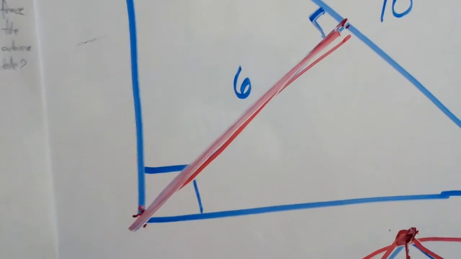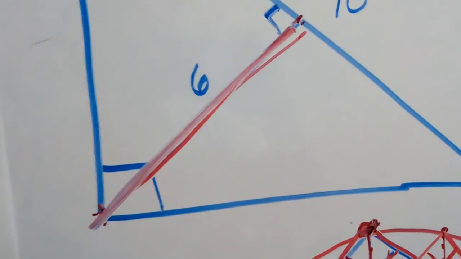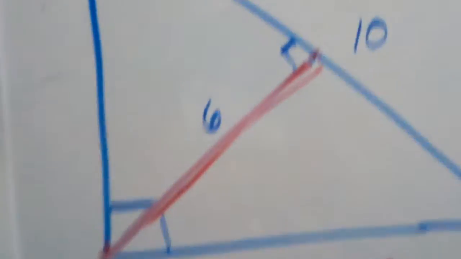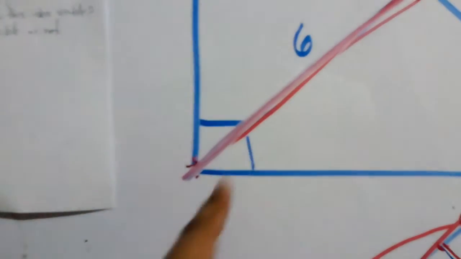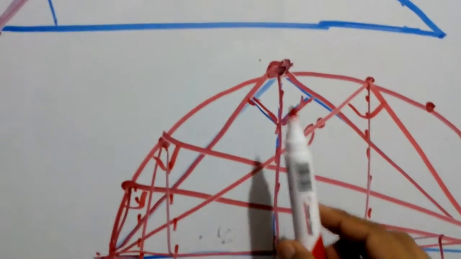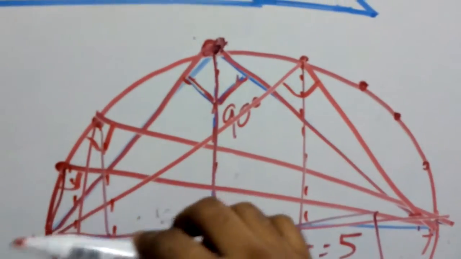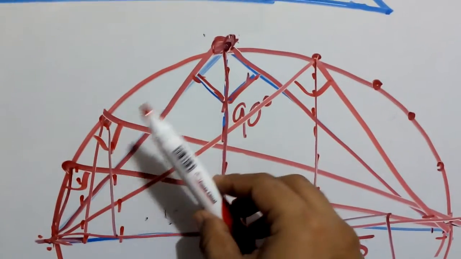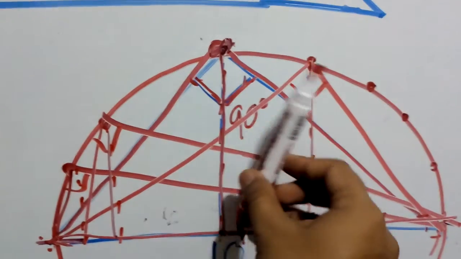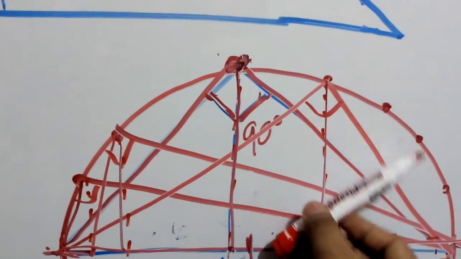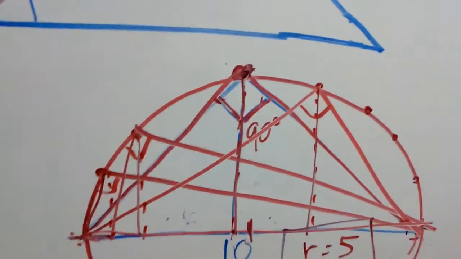It's impossible. The only conditions you may have are the hypotenuse of 10, the right triangle, and maybe a side less than 5, because all these possible solutions are less than 5.